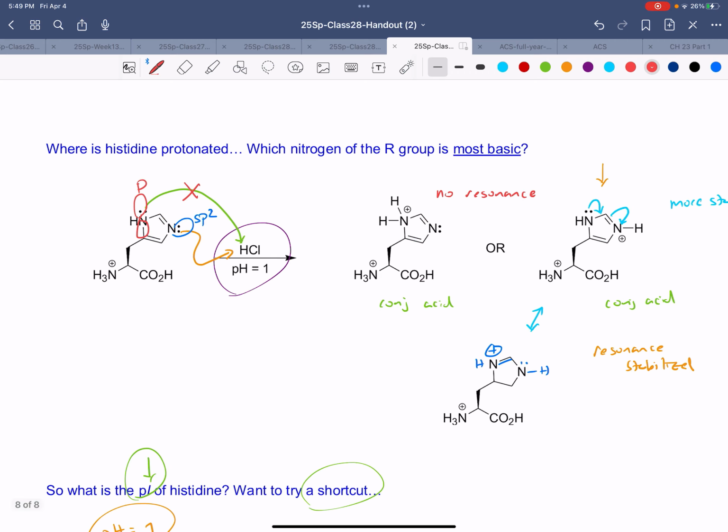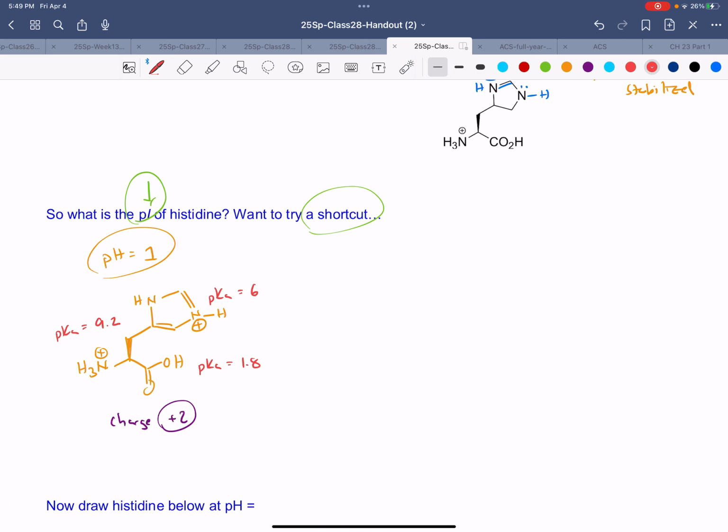Perfect. Okay. What do the pKa's mean? When you cross over the pKa, you get rid of the H. Okay, not all the H's. In this case, one of the H's. Okay, so here's the shortcut without drawing.